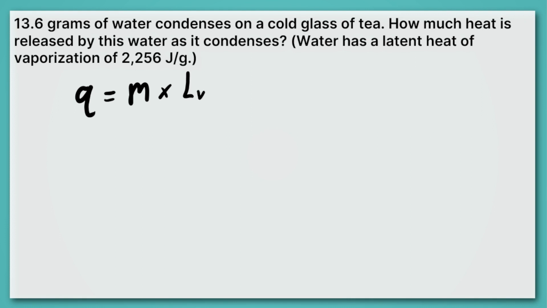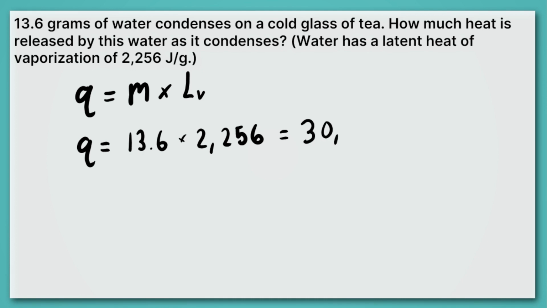Boom. Okay, so let's go ahead and calculate the amount of heat. Q stands for heat, as we've seen previously. And we do mass, which is 13.6 in this case, times the latent heat of vaporization, which is 2,256. And we simply multiply those together. And when we do that, we'll get 30,681.